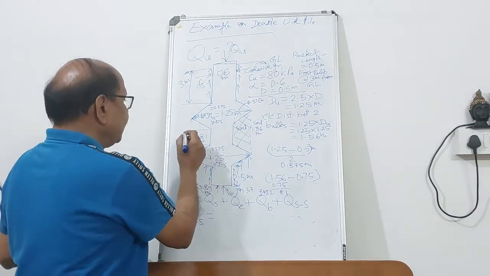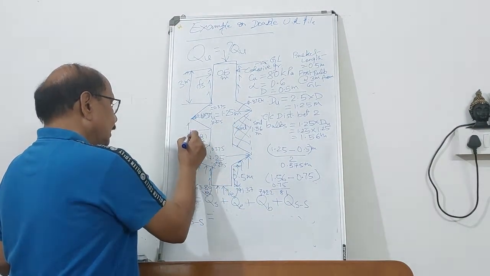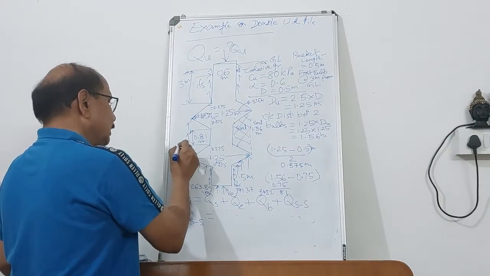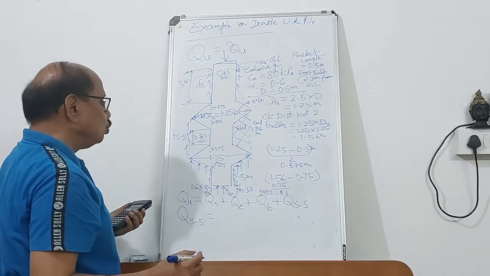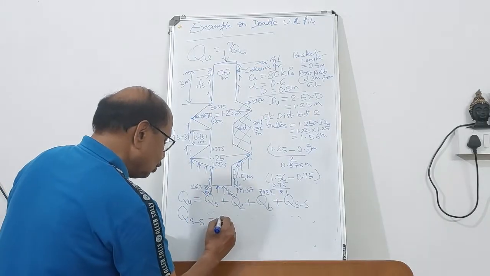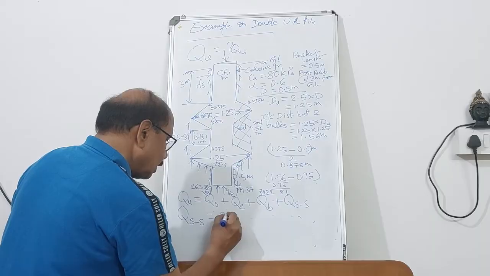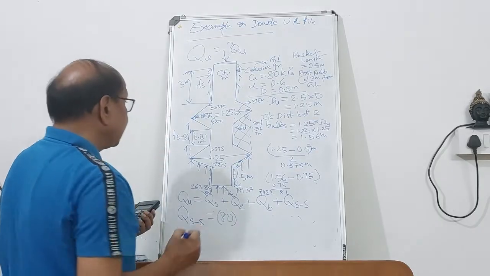So the skin friction FSS is going to be Cu between soil and soil. So Cu means 80.